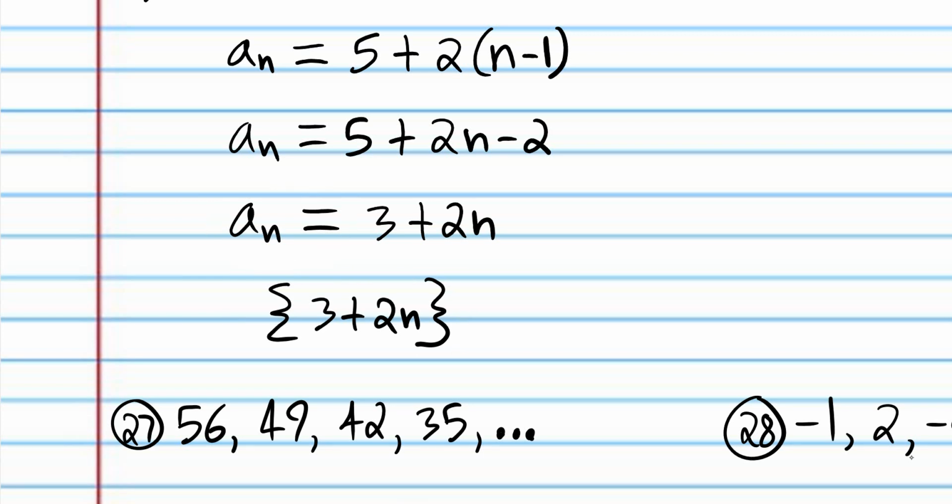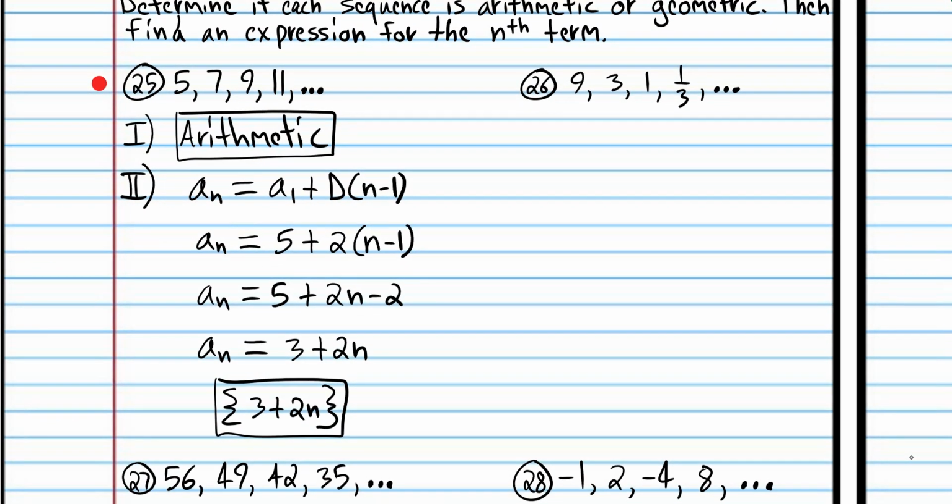So now we have an expression for that sequence. If you plug in 1 for n, you get 5. If you plug in 2 for n, you get 7. If you plug in 3 for n, you get 9, and so on and so forth.